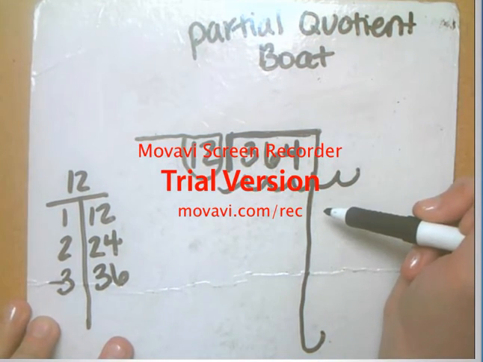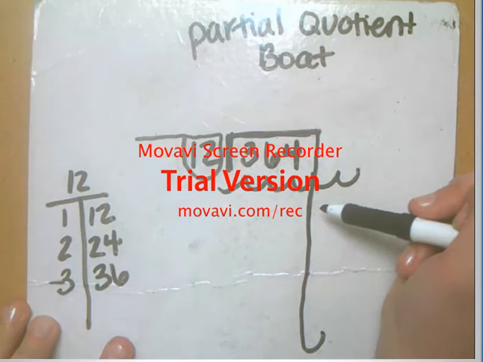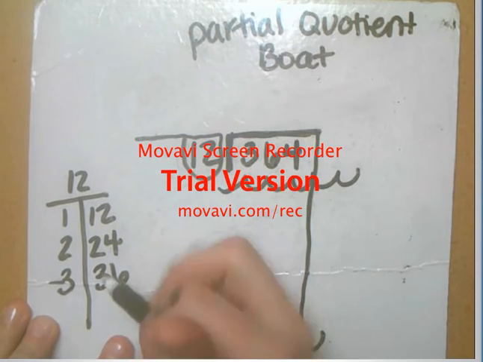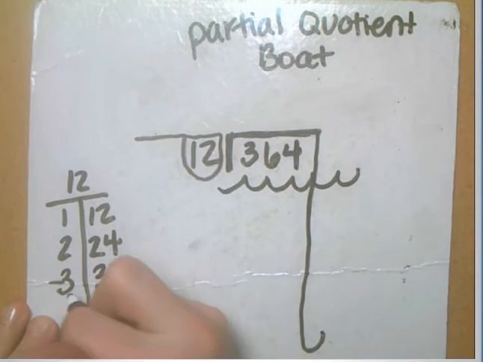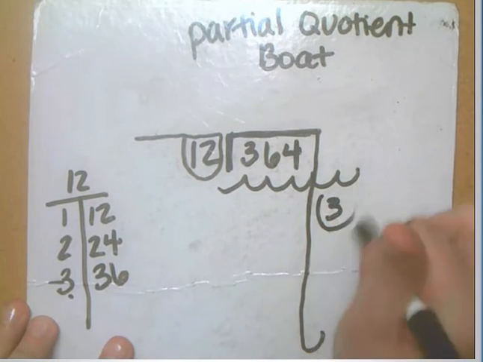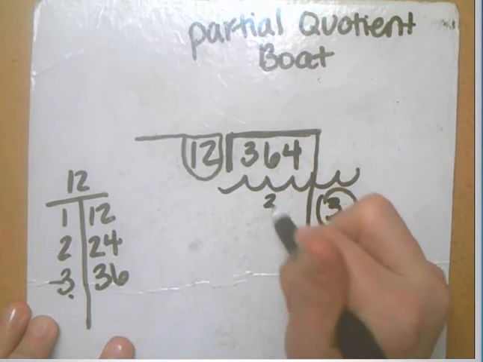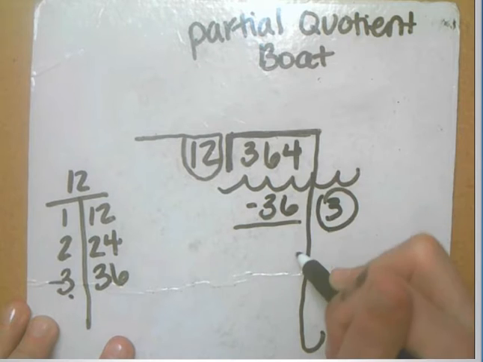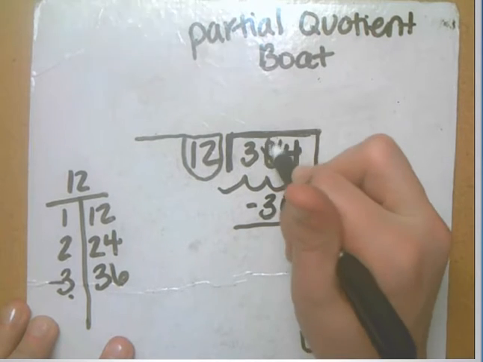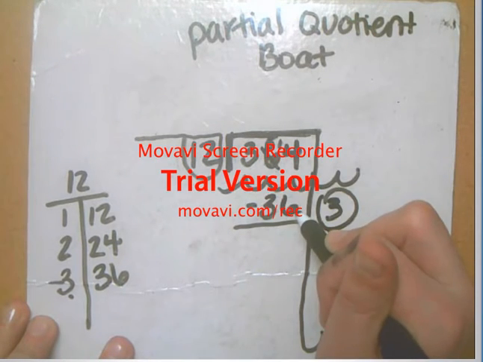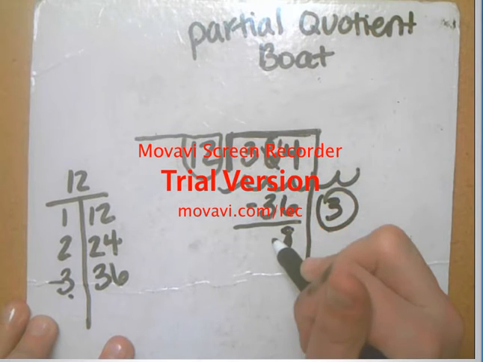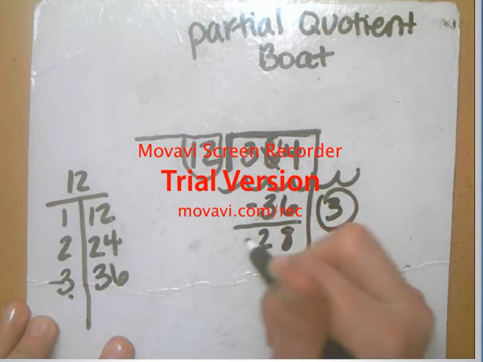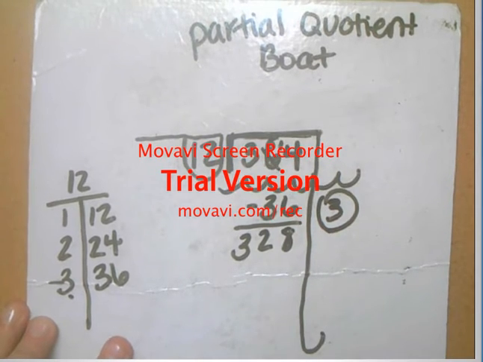At this point, because it's partial quotient, I don't have to be exact. So I can go ahead and take 3 nets or 36 fish out of the water and see what I have left. That leaves me with 328 fish.